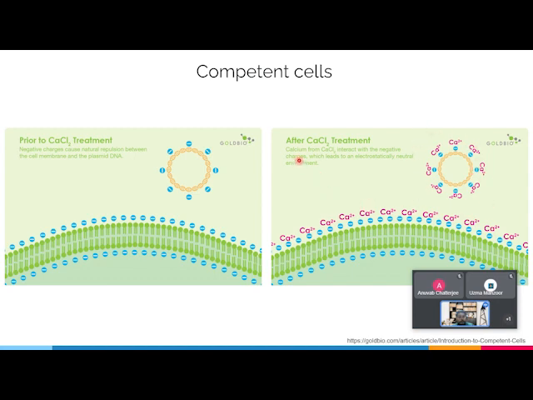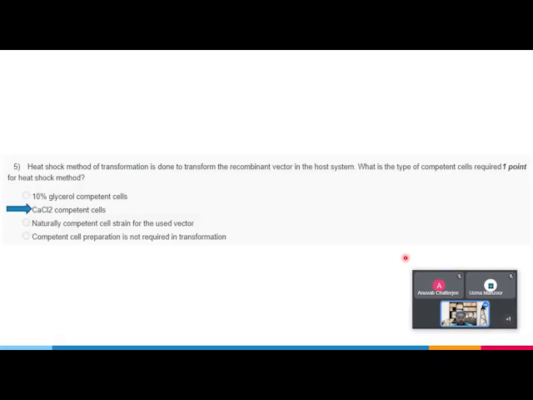Calcium from the CaCl2 interacts with the negative charges, which leads to an electrostatically neutral environment. So the entire environment gets neutralized and our cells can easily take up the plasmid because there is no electrostatic repulsion between the plasmid and the membrane anymore. So the plasmid will go right through the plasma membrane. This is what we mean by competent cells.